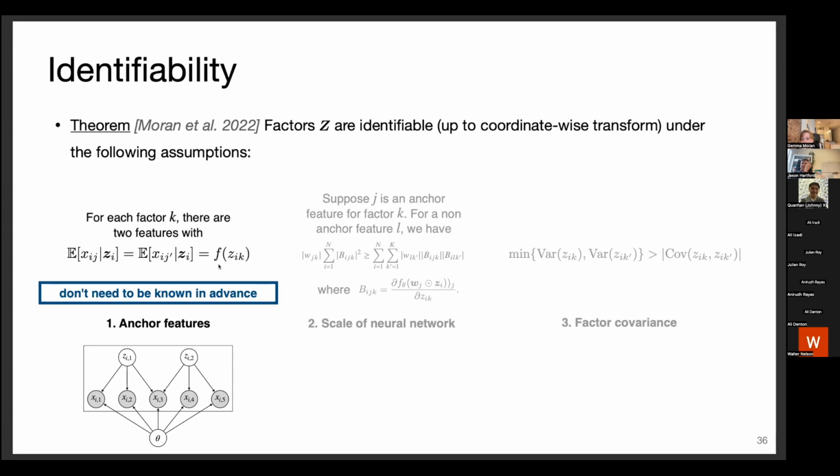Say Z1 is my latent, and X1 and X2 are the two anchor features. It's the same neural network on Z1. They surely don't take on the same value then, or do they? Would they take on exactly the same value?